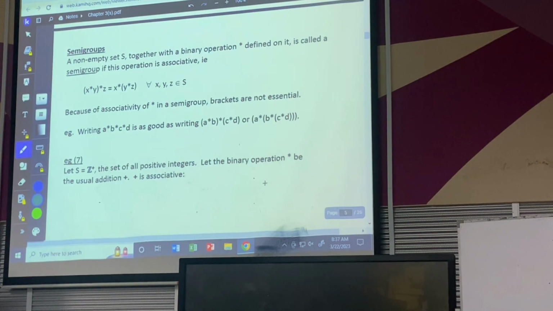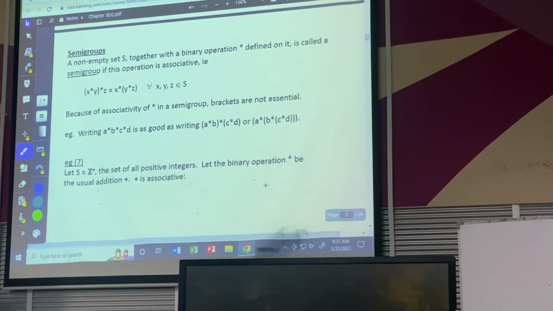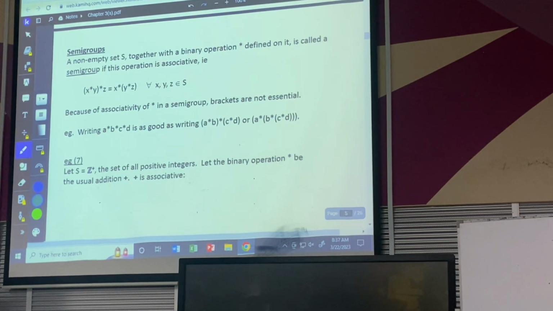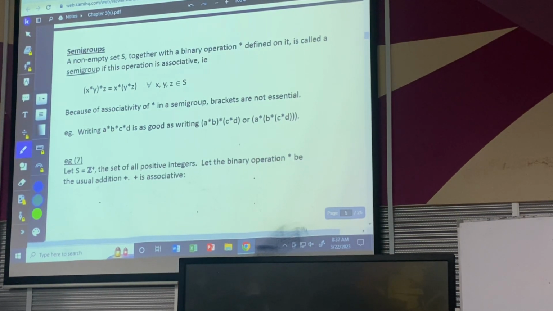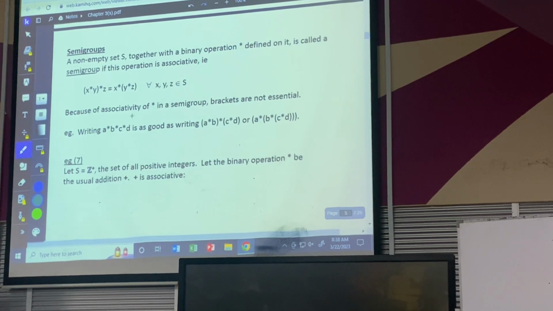If you have a set given, and with a valid binary operation, and the operation is associative, then we will say that the operator with the set given is a semigroup. Okay? So you need to combine all the conditions that you have learned just now to say that it is a semigroup. It is a valid binary operation with the associative property.